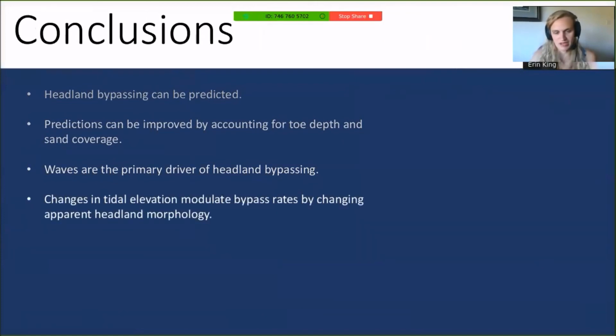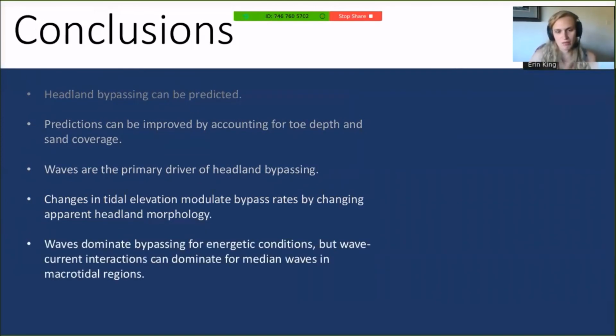However, changes in tidal elevation modulate bypassing rates by changing the apparent morphology, which we can account for in the parameterization. And waves dominate bypassing for energetic conditions, but the wave-current interaction can dominate for lower energy conditions, so medium waves in these macrotidal regions.